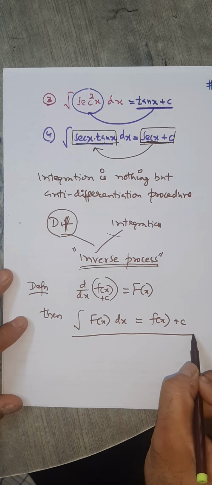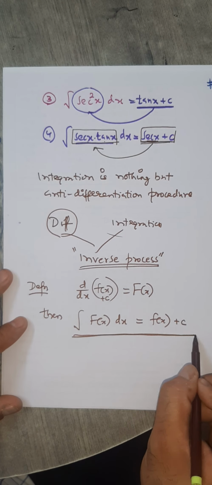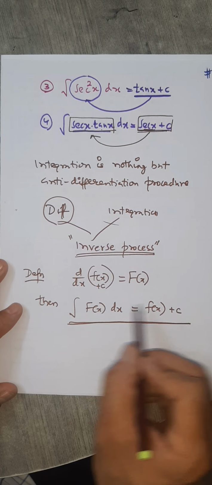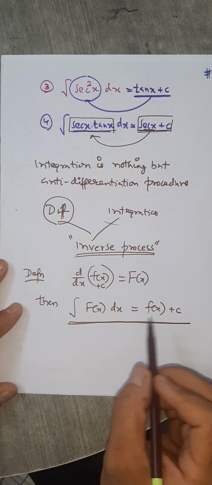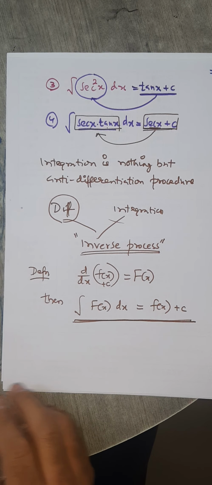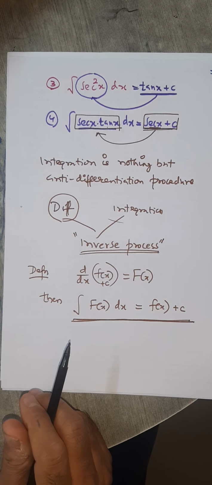There is the definition. This I just wrote for your information. The meaning of this is, when I differentiate this function, I must get this. That's what I've written here. This is the general formula. The concept is just the antiderivative procedure, remember.